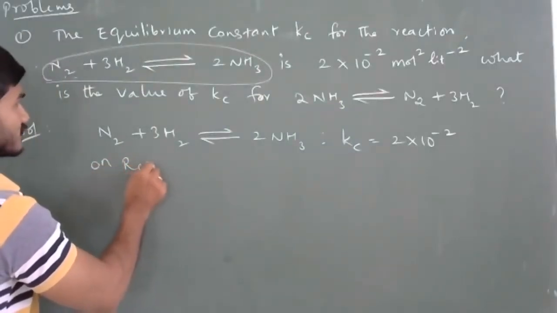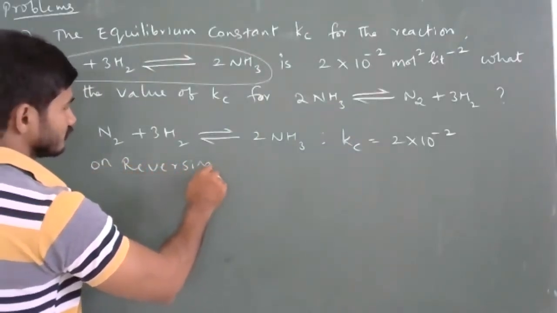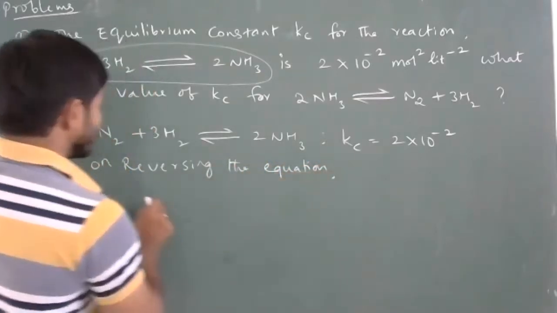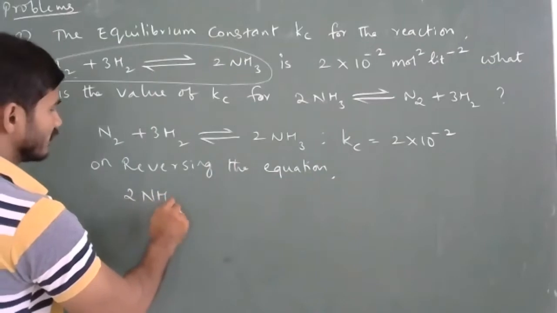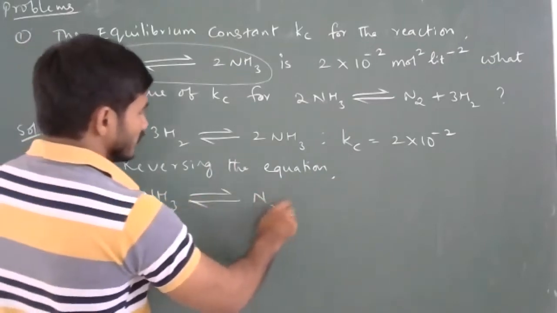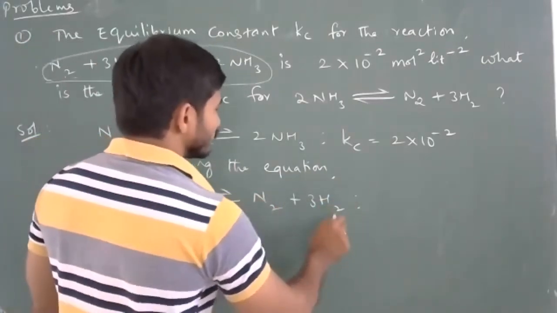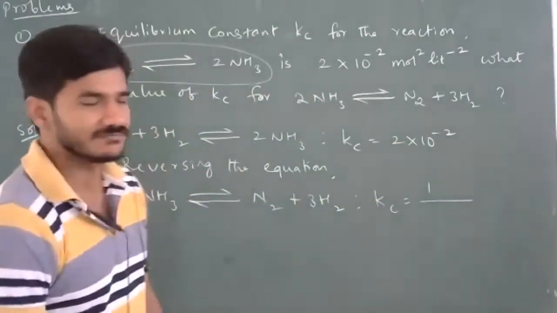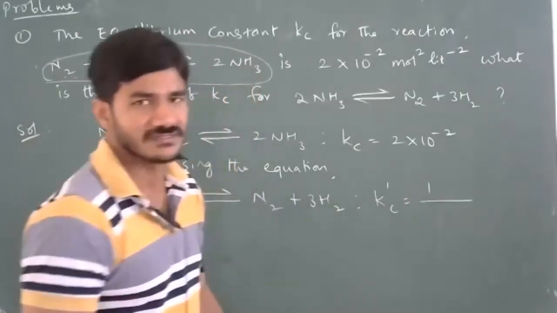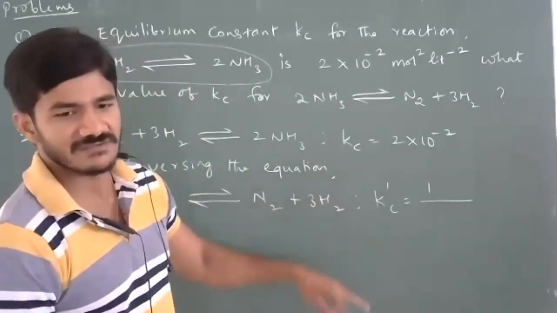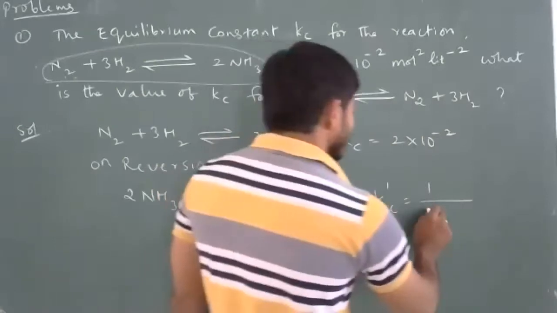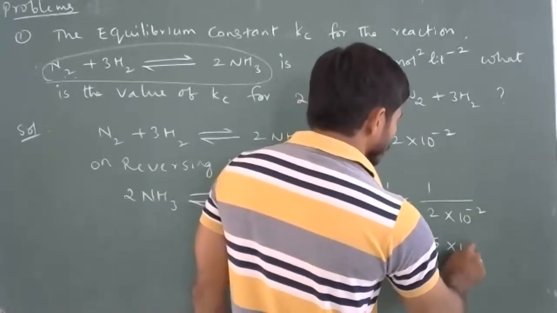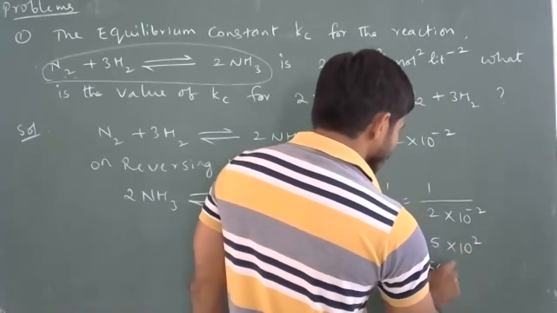On reversing the equation, that is 2NH3 gives rise to N2 plus 3H2, the new Kc becomes the reciprocal of the initial Kc. Let us take Kc dash for this. Because whenever you reverse the equation, the equilibrium constant becomes reciprocal. So it becomes 0.5 into 10 square, that is 50.